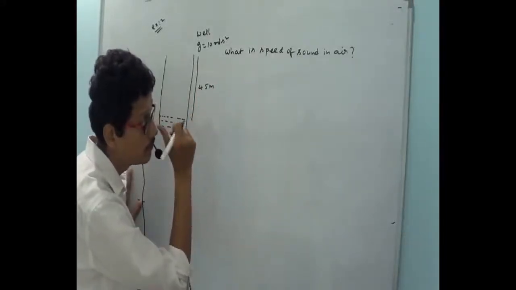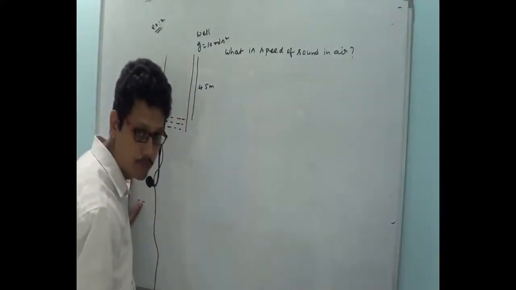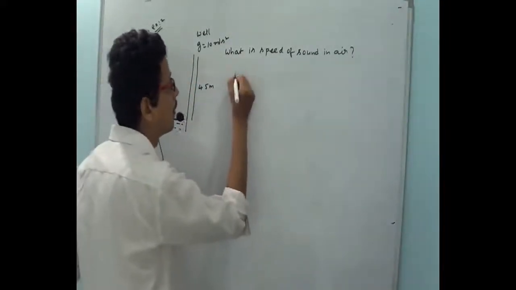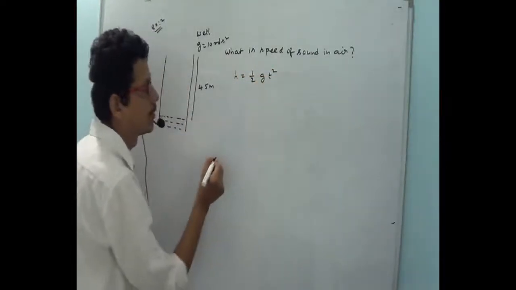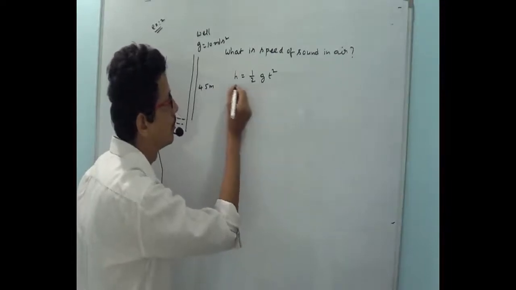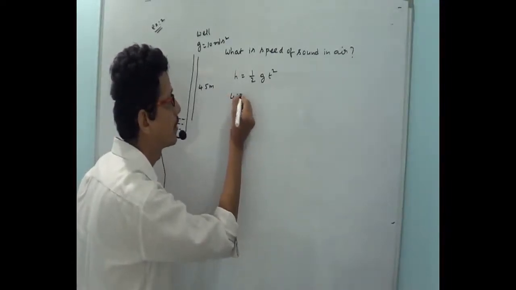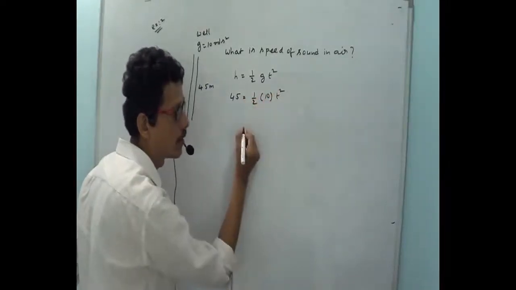ముందు ఆ స్టోన్ ఇక్కడ టచ్ అవడానికి ఎంత టైం పడుతుందో చూద్దాం. What is the formula? H is equal to half GT square, where T is the time for touching the ground. H is 45 meters, half into 10 into T square.